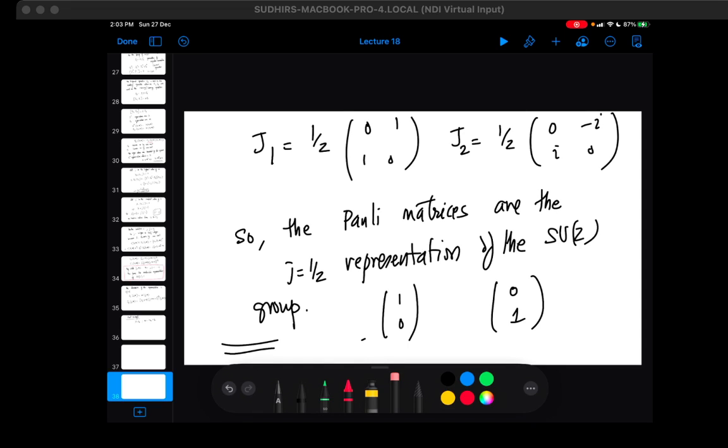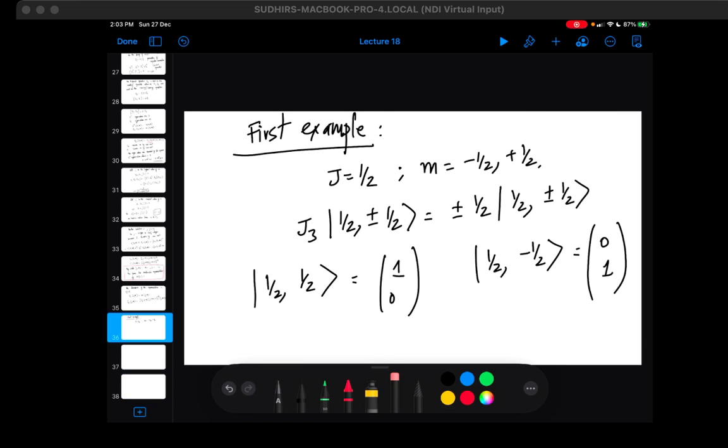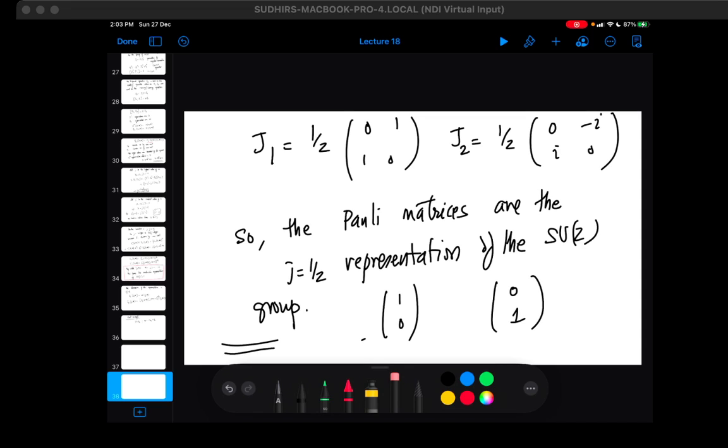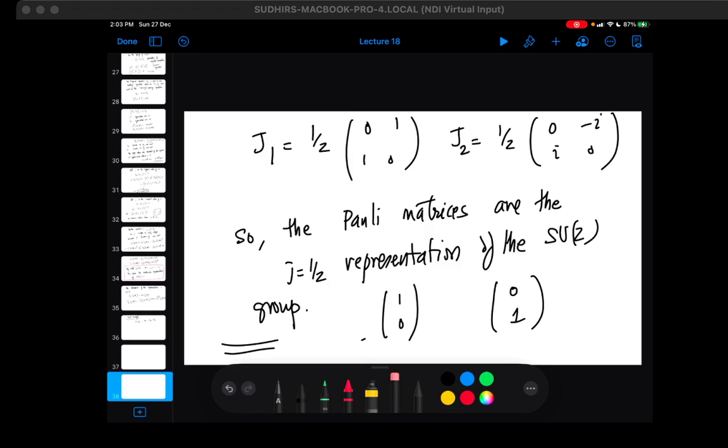So this shows you the example in which, for j is equal to half, you derived the Pauli matrices as the generators of the SU2 transformations, or essentially the angular momentum algebra. You constructed the vector space, which is essentially the 1 0, 0 1 vector space, normalized with 1 by root 2.